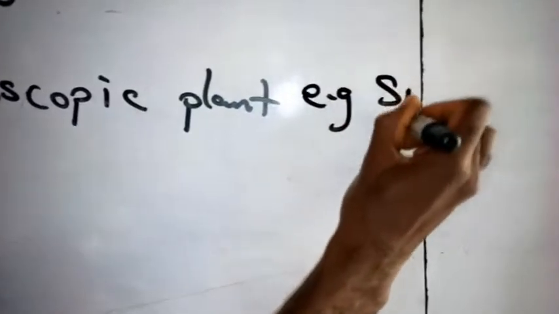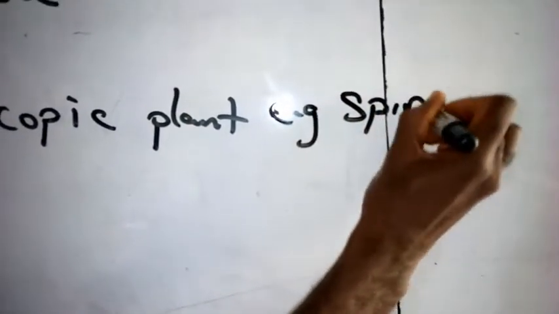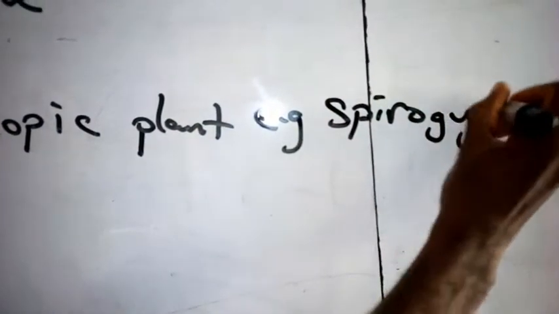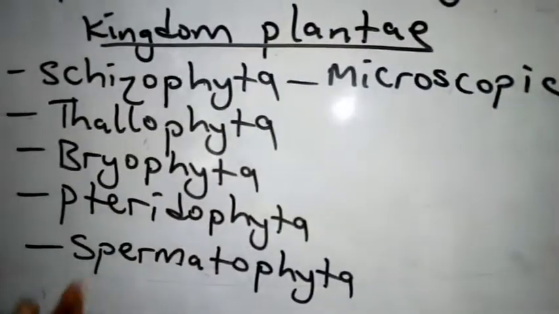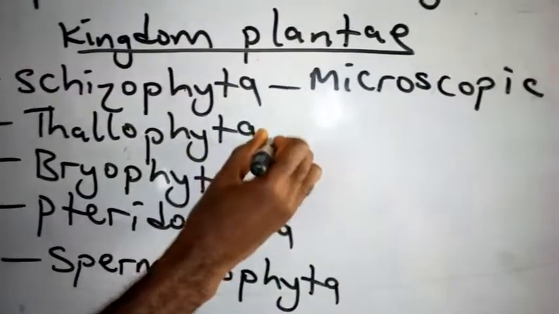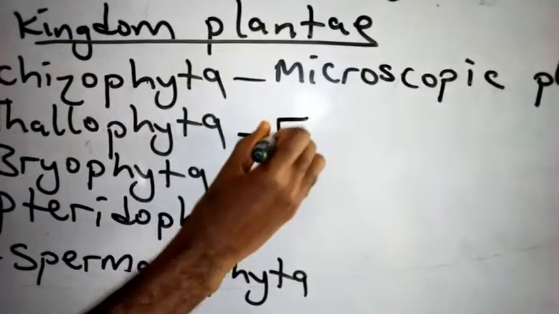An example of this is Spirogyra. Spirogyra is a plant because it possesses chlorophyll, and with the help of the chlorophyll, it can manufacture its food on its own. Now we have the next group called the thallophyta.